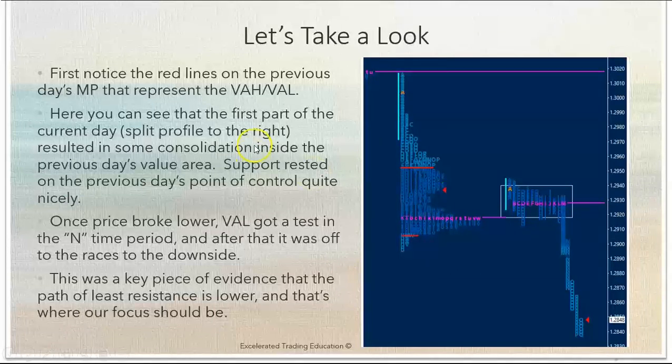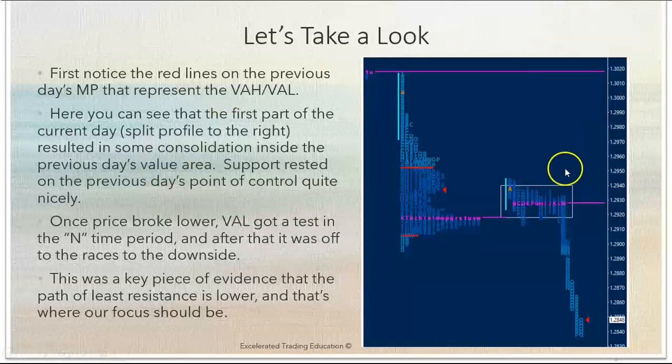So here you can see the first part of the current day, the split profile to the right, and this is what's called a split profile. So I think this is quite neat, right? This is your regular profile, and then in the Sierra Chart program, you can choose to split the profile, and what that does is it gives each block of time its own individual line as it breaks it open, and you can actually see how the market traded through the market profile and what created the market profile, right?